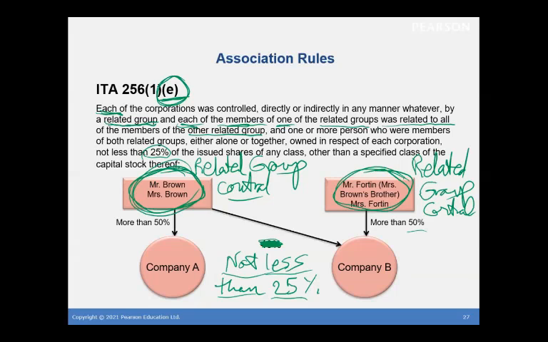You have a related group and a related group. They each have control of the companies. And each of the members in one of the groups is going to be related to all of the members in the other group. So it's that same relation across, just more people involved.